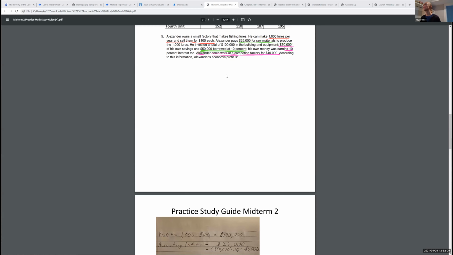The question won't be exactly the same, but this is how you need to think about accounting and economic profit. Economic profit is like opportunity cost, things you could have done, whereas accounting profit is the money you're actually paying out for a specific cost.